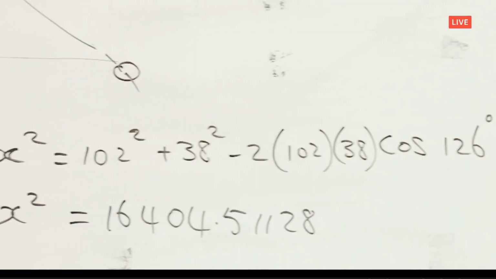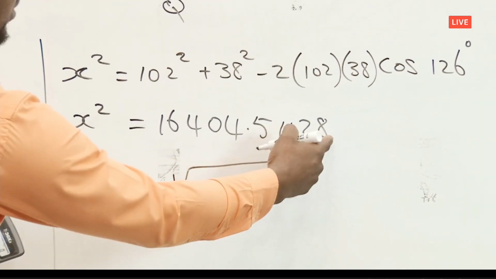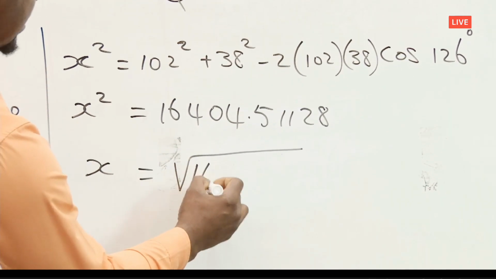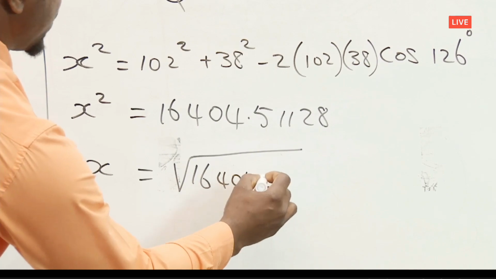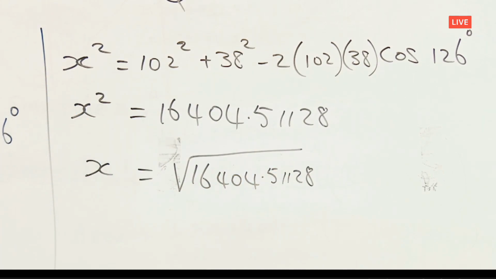Now x would be equal to the root of whatever you have here. So it will be the square root of 16404.51128, and you could keep that number in your calculator.